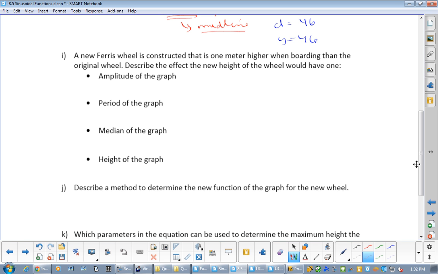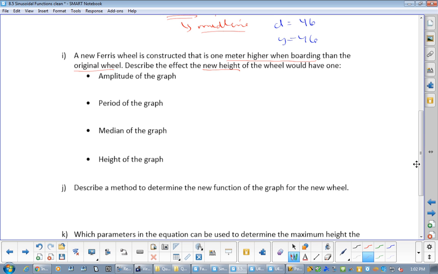So a new Ferris wheel is constructed that is 1 meter higher when boarding than the original wheel. Describe the effect the new height would have. What is it going to change?